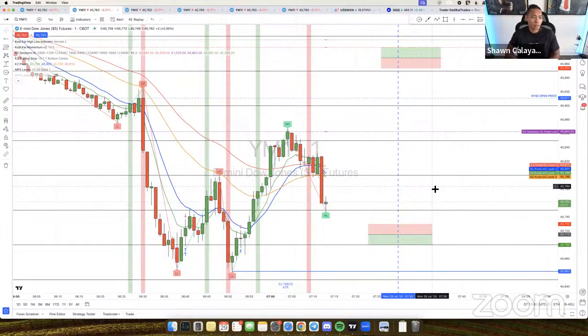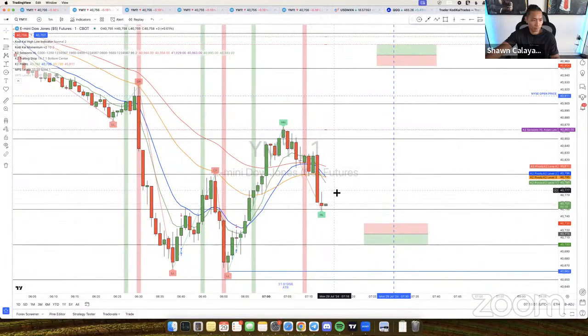I'm looking at the level two right now, and my head's all over the place because I see all these numbers, and it's hard to catch where you want to get in from. But I do see a bunch of sell orders hanging out right here, guys. With that said, I think price will probably keep dropping from where it's currently at. And then here comes a bunch of buy orders.